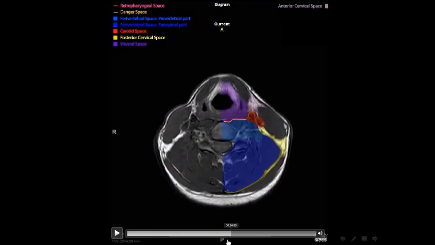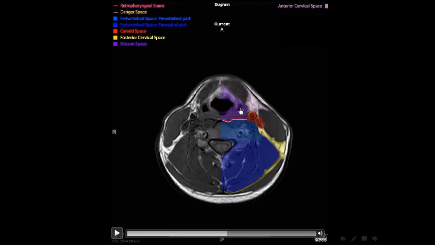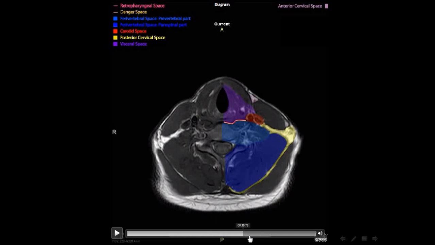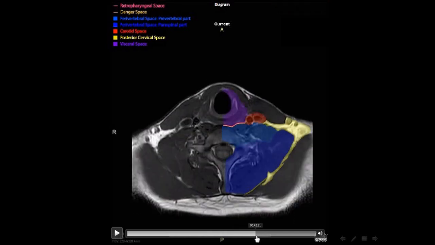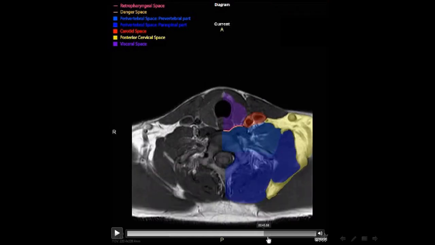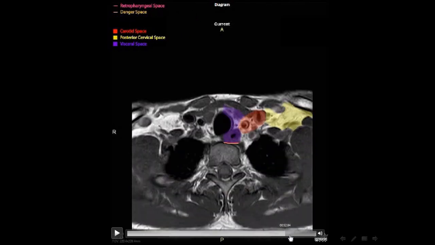When we go down here, we start to see the visceral space. This is the visceral space, which includes the trachea, thyroid glands on either side, the esophagus, the recurrent laryngeal nerve, and some branches of blood vessels and nerves.